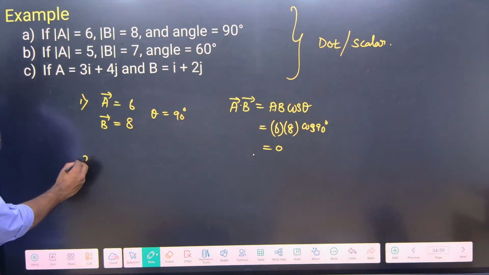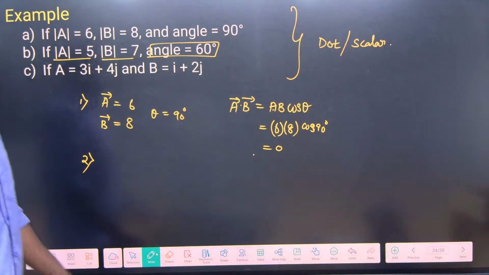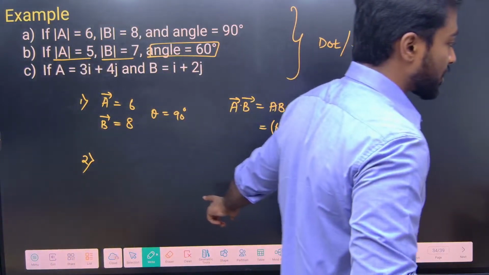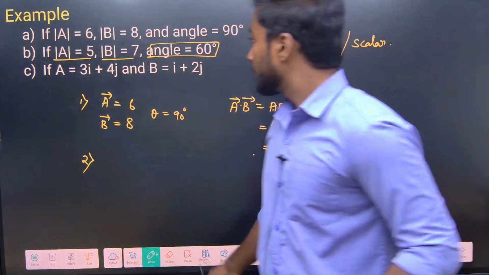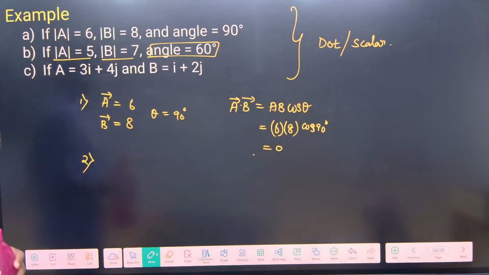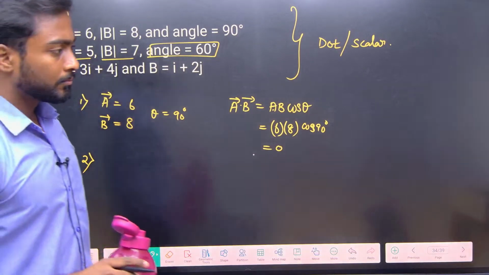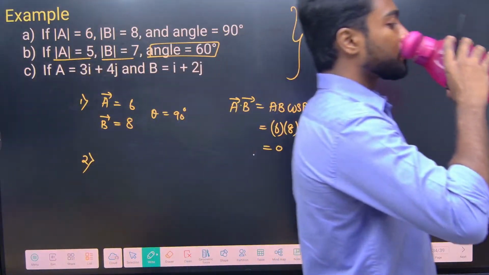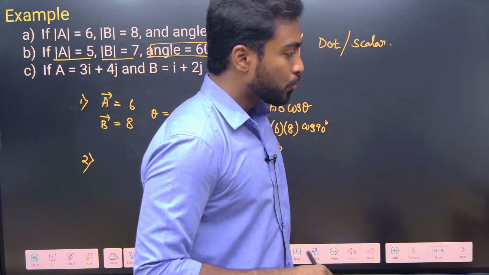Can you give the answer for the second question? A value is 5, B value is 7, and the angle between them is 60 degrees. It's simple, no? Whoever is watching, you can give the answer. The answer is 35 by 2.